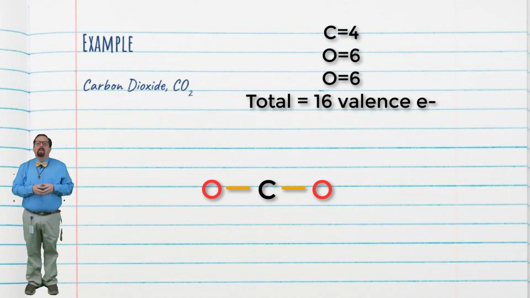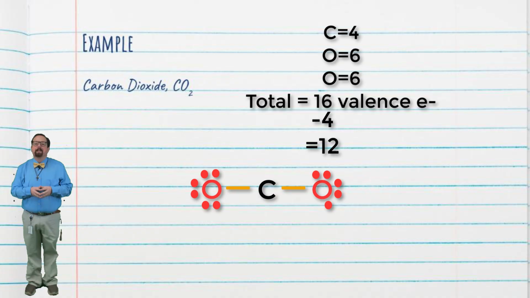At this point, we've used 4 valence electrons, 2 for each bond. That leaves us with 16 minus 4, which is 12. We'll place those 12 electrons on the oxygens because they're more electronegative and would rather hold on to those electrons. So then it looks like this.